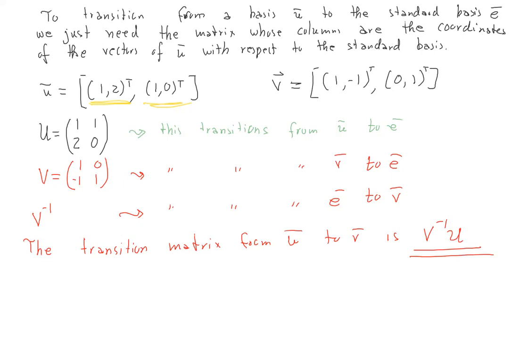This is our main formula for today. The transition matrix is going to be V to the -1 times U.